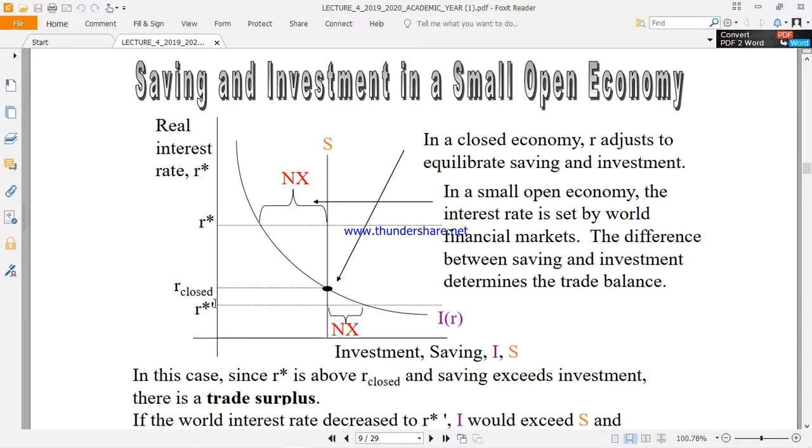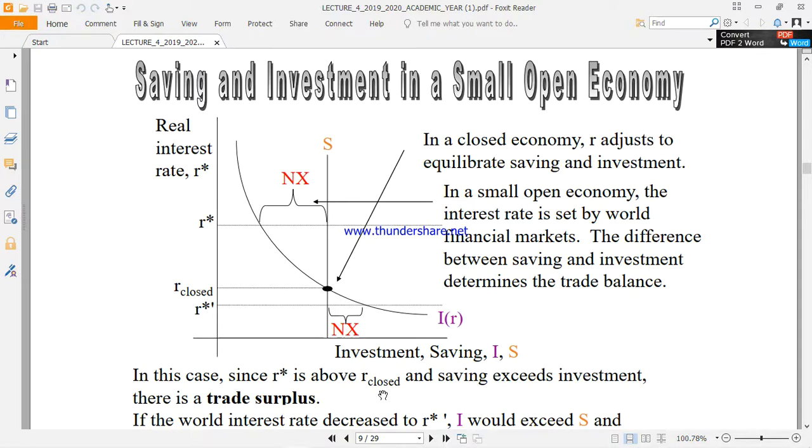Let's assume that the rate charged by the Central Bank of Zambia is the domestic rate of interest, and the rate charged by the World Bank is, let's say, the global one. From that angle, since R star, let's start with R star, which is on top, since R star is above our domestic rate, the rate that the World Bank is charging is greater than the rate that here in Zambia we are charging.